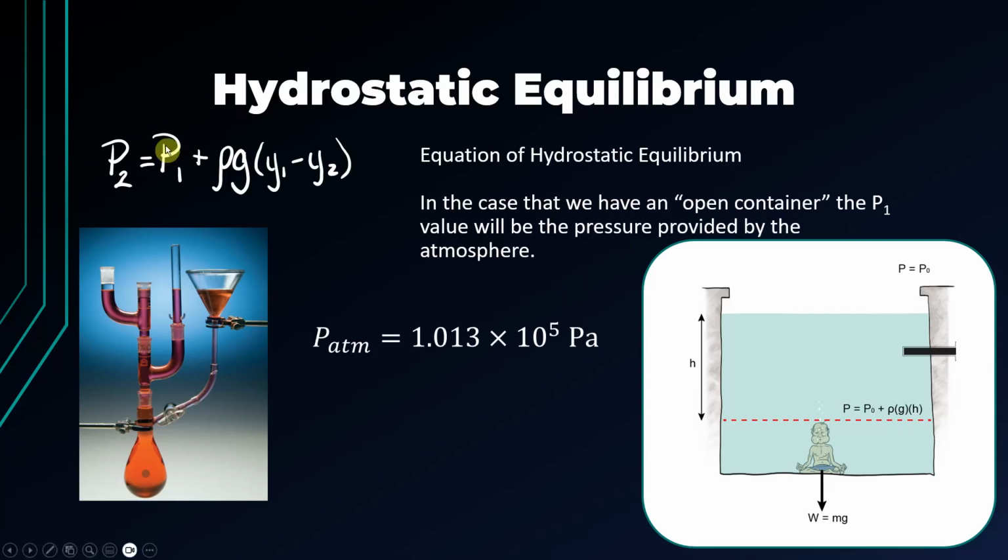If I look here, and I want to figure out what is the pressure at this location, well, this is slightly more complicated because I have multiple open containers. But the difference, my y1 minus y2, is my difference in the y direction between the top of this fluid and the point that I'm looking at.